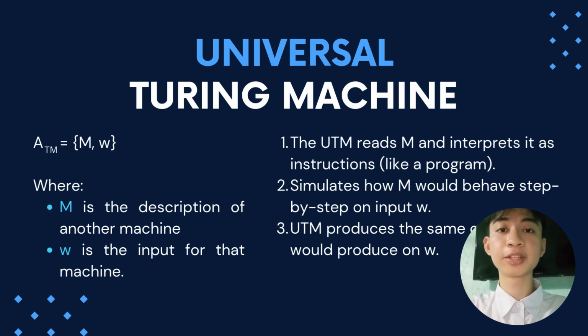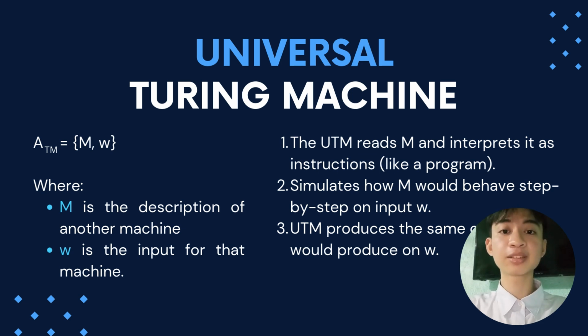The movie also mentions the concept of a universal Turing machine. It's a theoretical machine that can simulate any other Turing machine. It does that by reading M, which is the description of another machine, and interprets it as instructions, and W, which is the input for that machine.